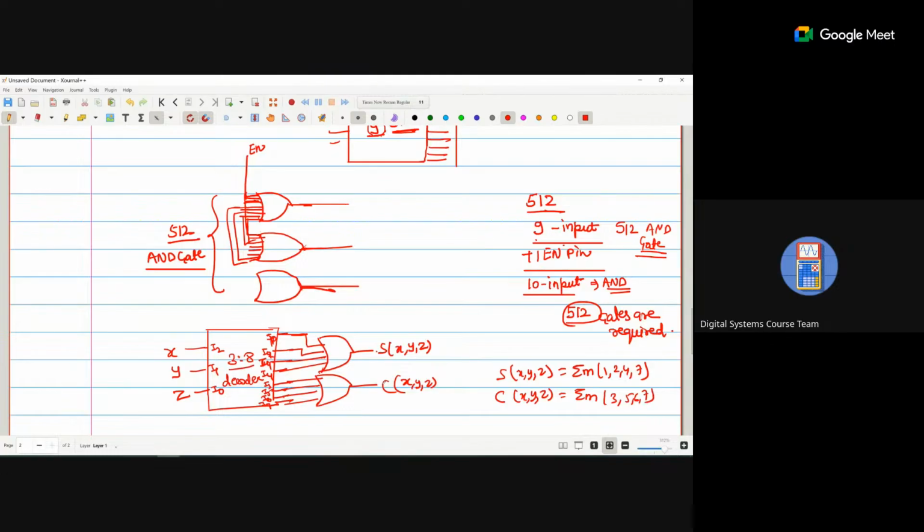I just use a 3 cross 8 decoder that generates 8 outputs on the basis of 3 inputs. Now we require a summation. That means this is the SOP term. In SOP, every term is a product term and they are added. So we require one OR gate. And how many inputs do we have to connect? 4 inputs. So we require a 4-input OR gate.